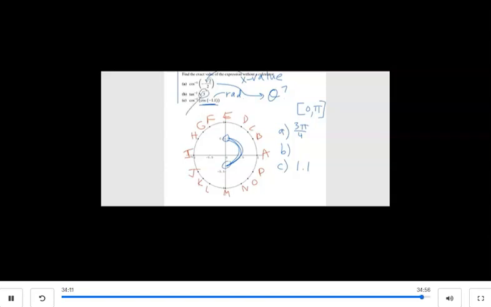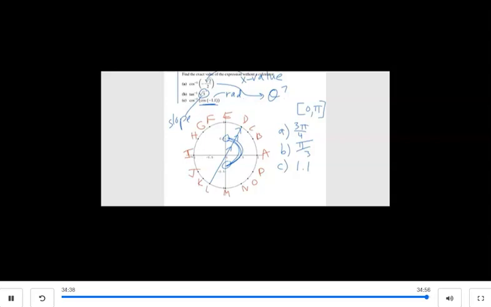Radical 3, that's a slope. Those two right there have radical 3 as a slope. But since my answer has to be on the right side of the circle, it has to be this one. And that one happens to be pi over 3. So there is the answer to that question.